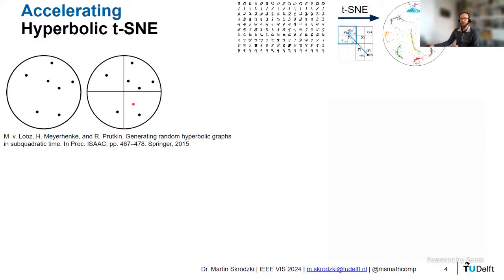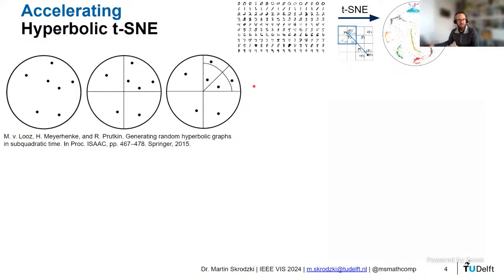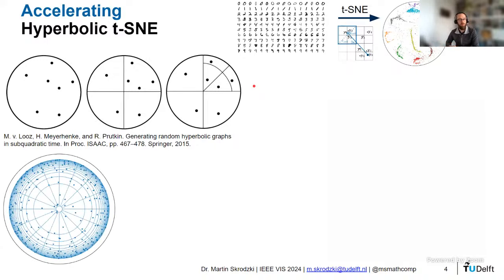And you continue for each cell that has more than 1 point, like this one on top, you continue splitting it further by splitting it along an angular direction and a radial direction. And you would continue this further and further, and you would end up for several points in a disk-like representation with something like this.